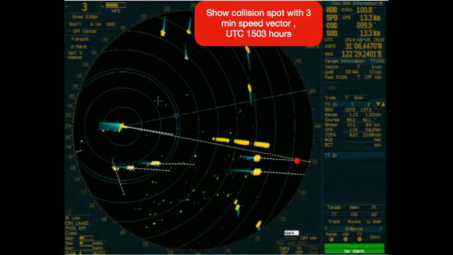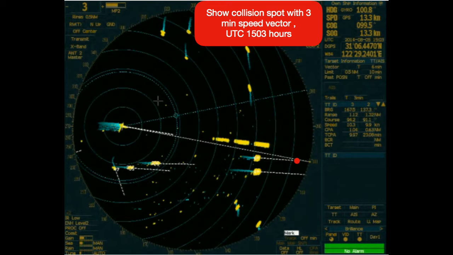So if we calculate from own ship's 6-minute speed vector, this collision spot may be 3 times longer, meaning 20 minutes later we will have the collision with this overtaken vessel ahead. So we are showing the collision spot.